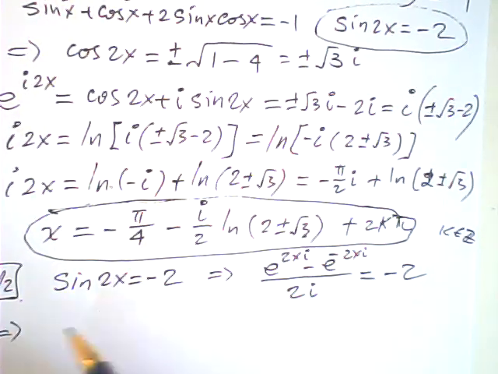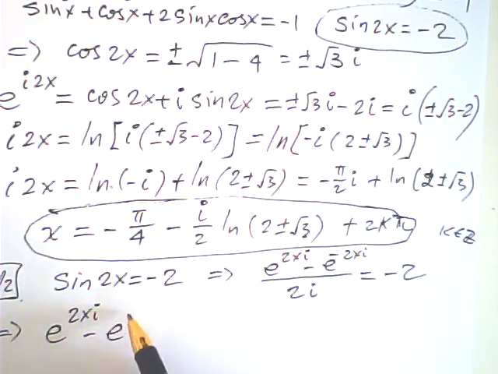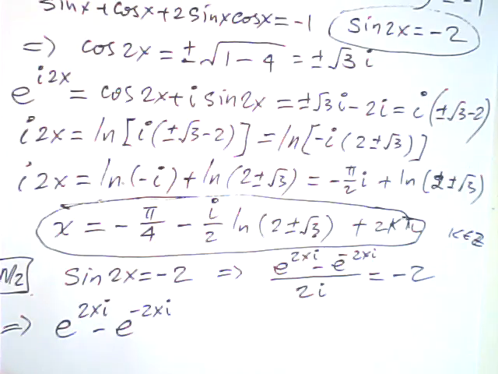Well, which means e to the 2xi minus e to the negative 2xi is equal to negative 4i.